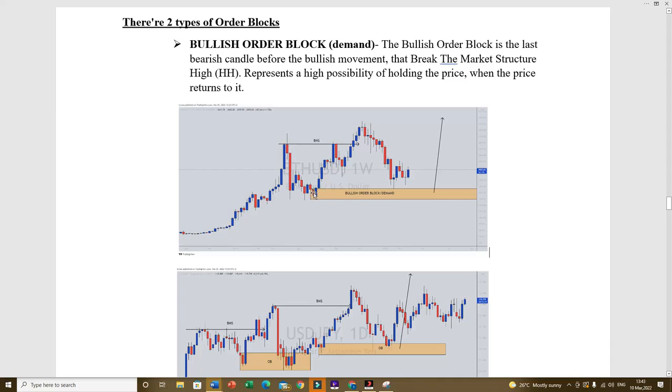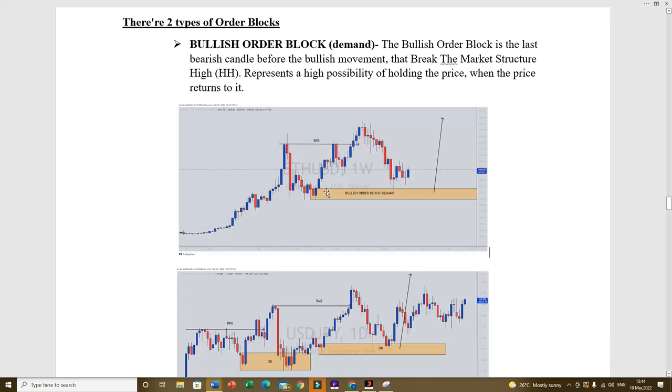This red candlestick that I highlighted with this gold color is our order block, and it becomes the bullish order block. That's the last candlestick before price changes direction, and it's the very order block that causes price to break the previous high. That's a BMS. So it's the last bearish candlestick that breaks the previous high, or that causes a BMS. That's a bullish order block.